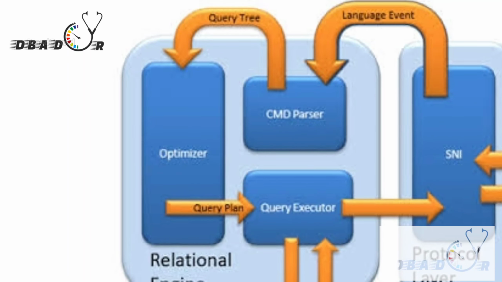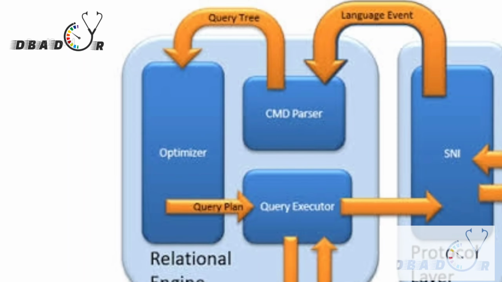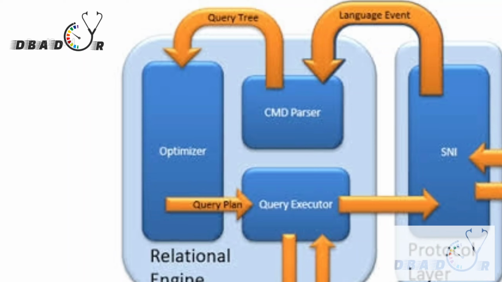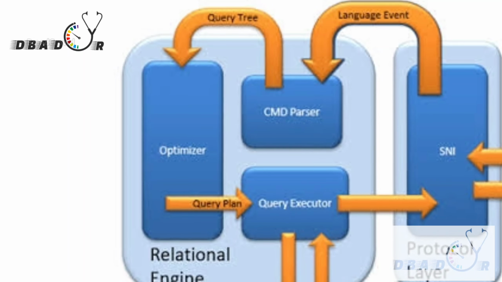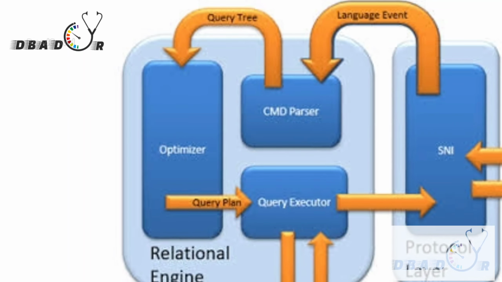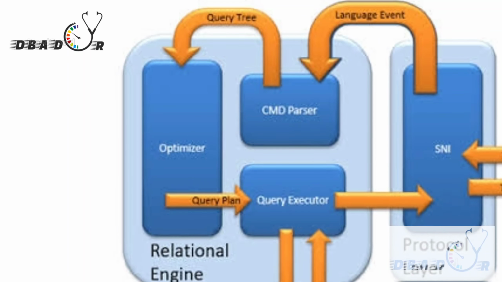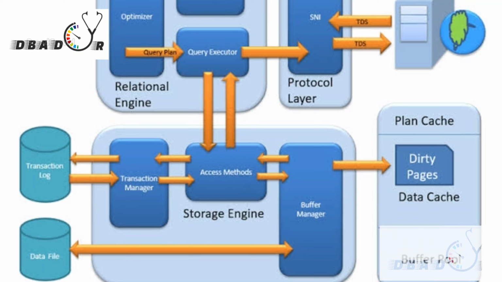Optimizer, what it will do is it will generate a query tree, and once the query tree is ready, then the query plan will send it to query executor. So executor, what it will do, it will use access method to verify, it will send it to access method.